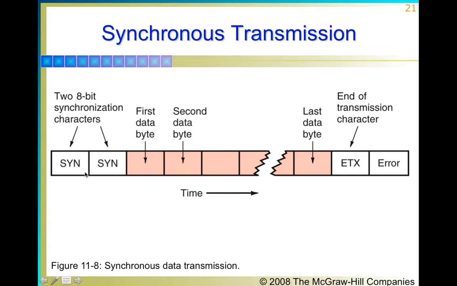We send some synchronous bits at the start, and then we can have blocks of information, which can be hundreds and thousands of blocks. And if in some scenario the link is broken in between, we can have bits telling us that the connection is lost and there is some error happening, and this is a facility available in the synchronous transmission.